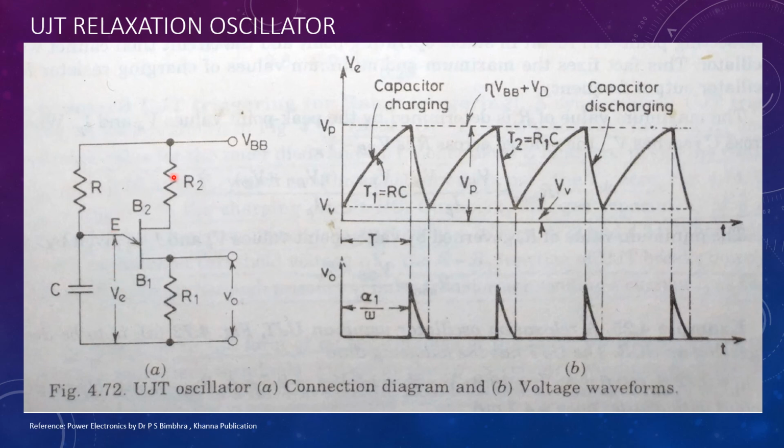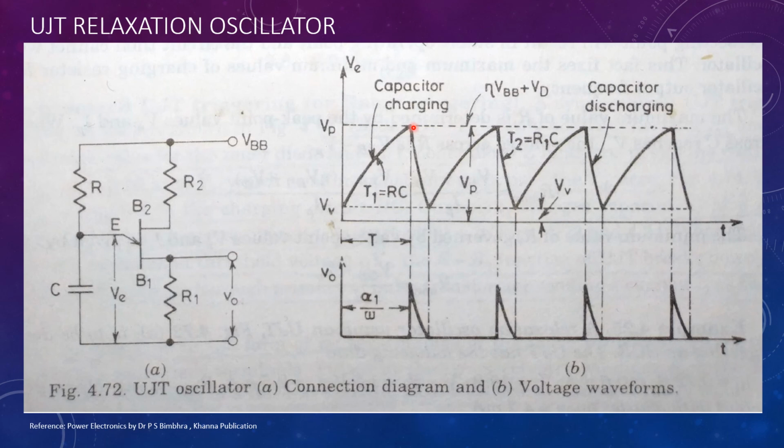Since the UJT is in off condition, the capacitor will charge from the source through the resistance R. This capacitor will charge up to the peak point voltage and the UJT is off.